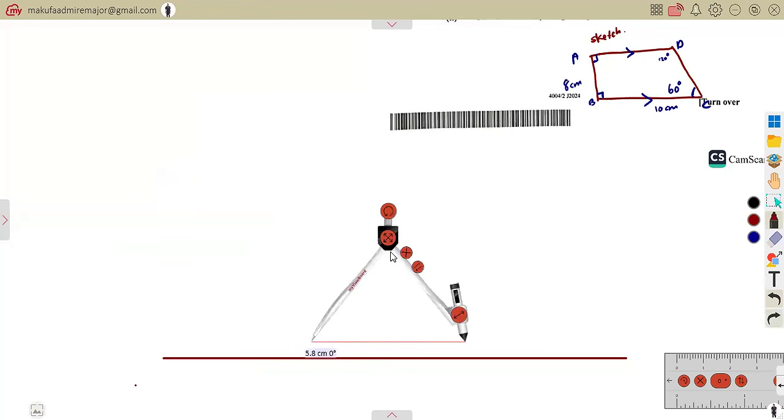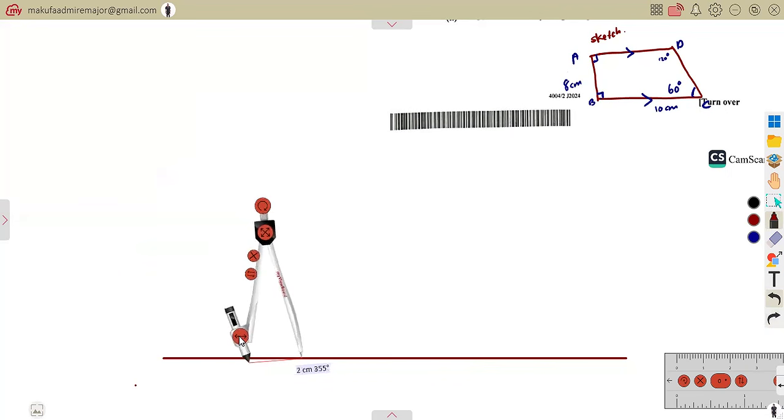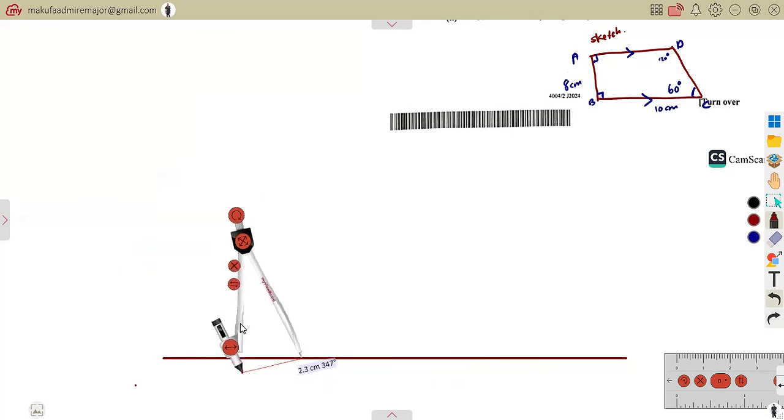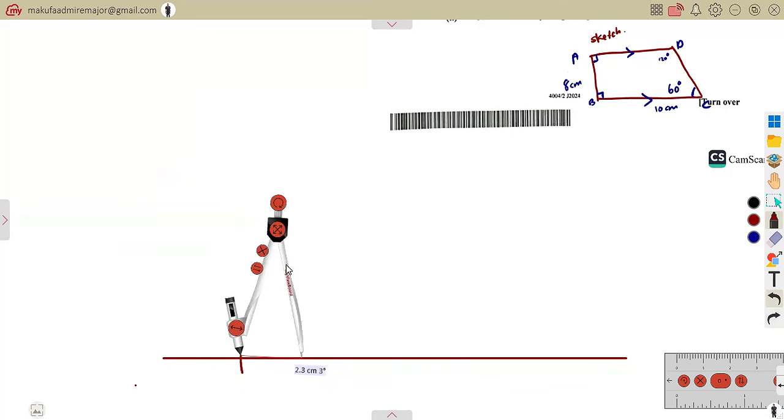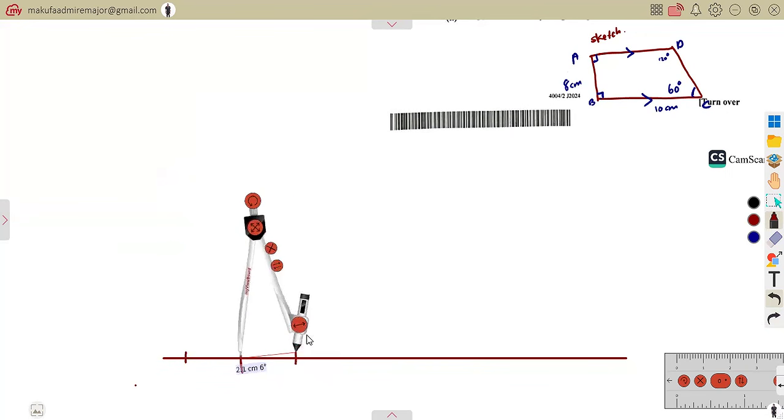It's up to you. This is your reference point, the point that you are starting with. So you can have it here. That's where you want your B to be situated. It's up to you, like I said. But at that point is where you're going to construct 90 degrees. Remember how you construct 90? Just open a certain distance, construct this side, also do the same on this side.